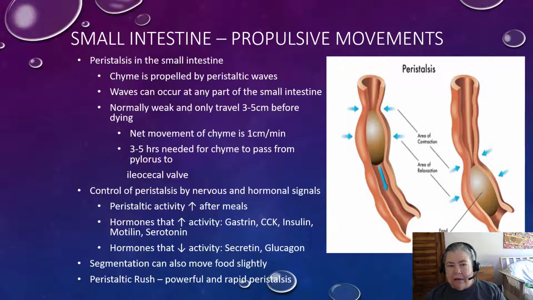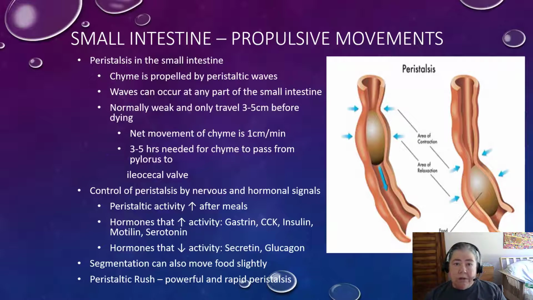So after a meal, peristaltic activity increases, and hormones that are involved in that include gastrin and cholecystokinin, motilin, serotonin, which, if you remember, I said was one of the neurotransmitters that is used in the enteric nervous system, and then insulin. Hormones that decrease peristaltic activity include secretin and glucagon.